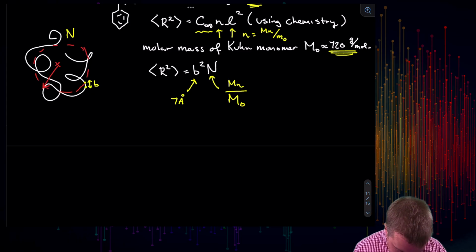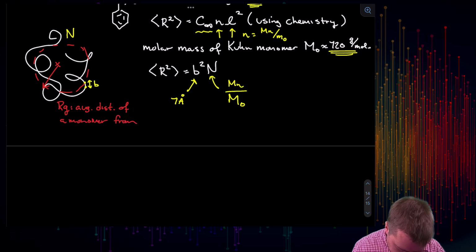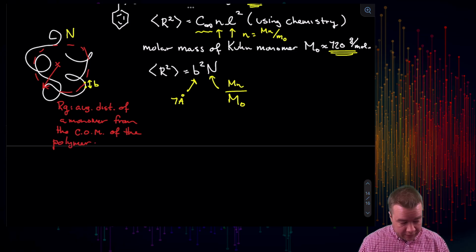And so in this case, this is denoting the radius of gyration. So again, it's the average distance of a monomer from the center of mass of the polymer. All right, so we could calculate that.